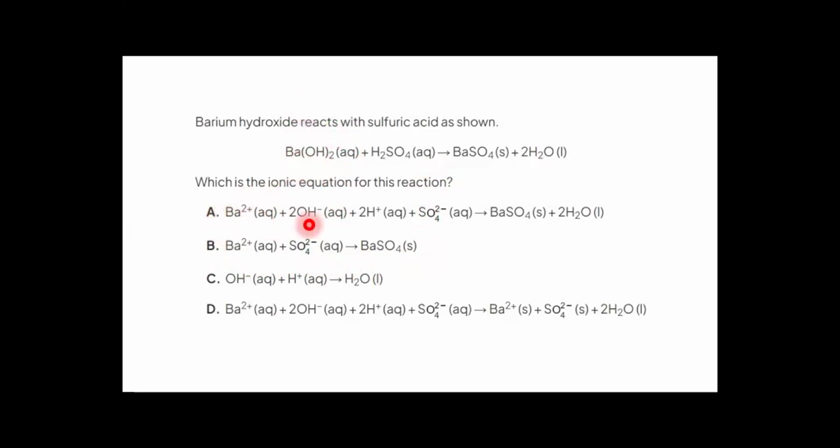Ba2+ aqueous ions and 2 OH- aqueous ions are there. Then H2SO4 will have 2H+ aqueous ions and SO4 2- aqueous ions. And then BaSO4 solid, it's written like that, and H2O liquid is the same. So this is the ionic equation. This is the simplest ionic equation.